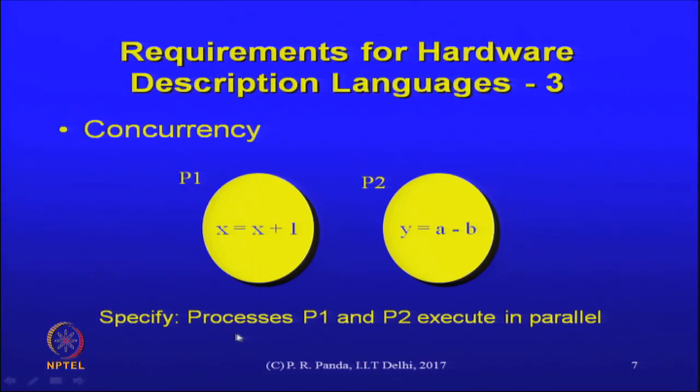Process is just a terminology that is used in these languages to capture that effect, but I should be able to say that there is some operation or bunch of operations that proceeds concurrently with another bunch of operations. So, two processes P1 and P2 execute in parallel. I should be able to say that in a simple and elegant way.